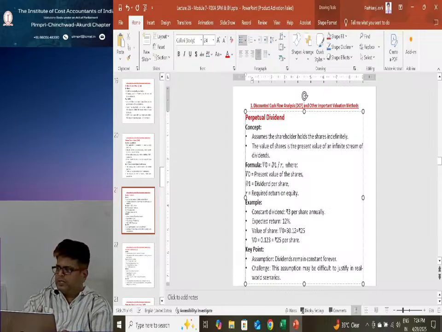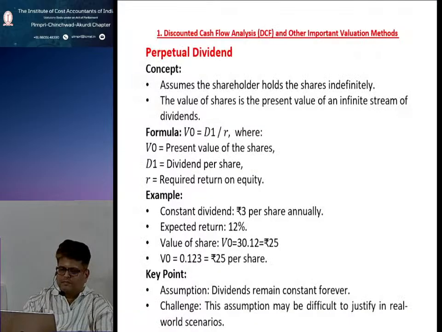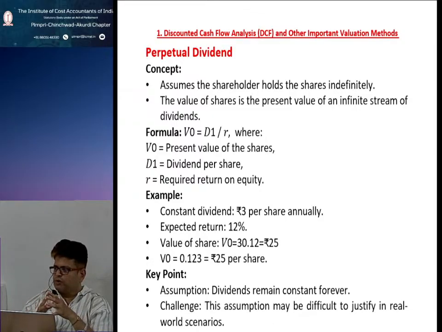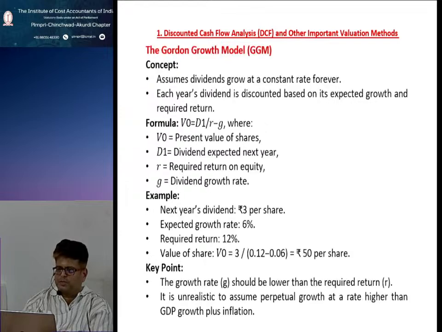So the key point in perpetual dividend typically is that the assumption is dividends remain constant forever, and the challenge is that this assumption may be difficult to justify in real world scenarios. So these are the key points of perpetual dividend.